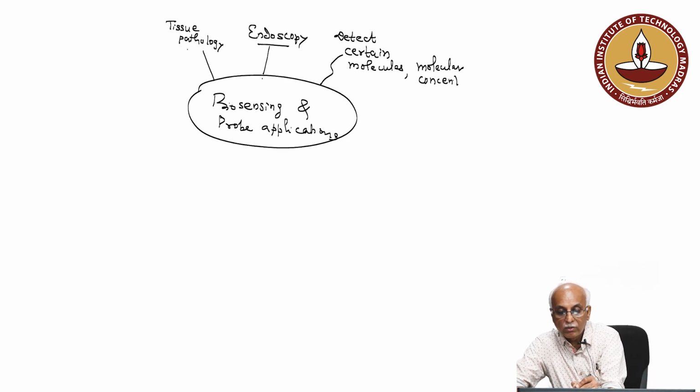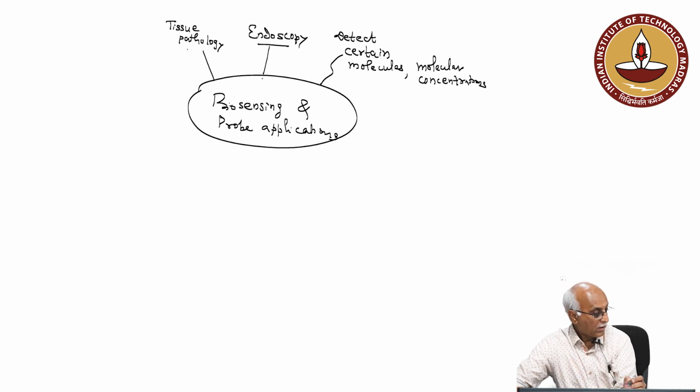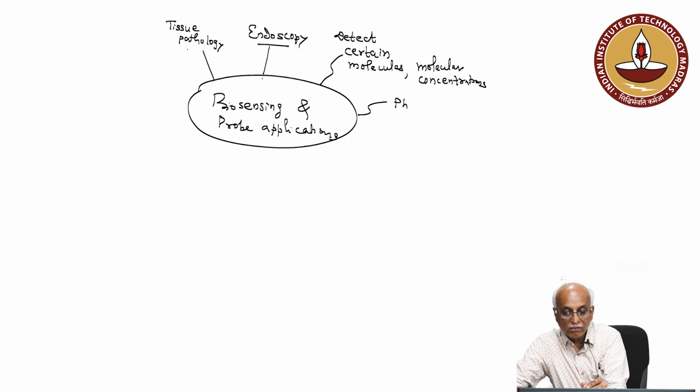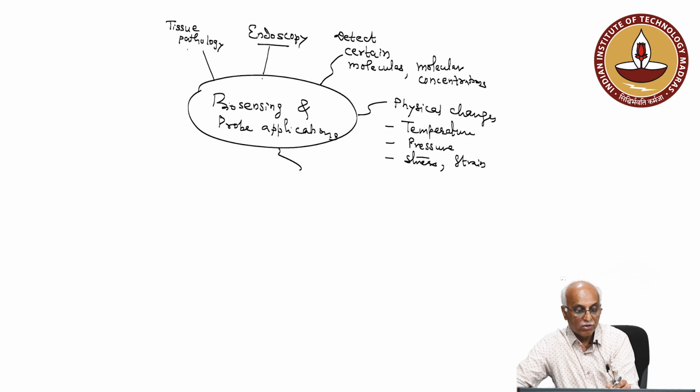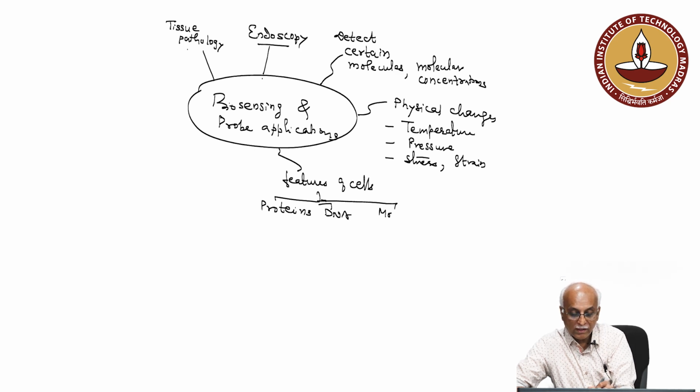We can measure molecular concentrations, then measure physical changes, for example, body temperature, temperature, pressure, stress, strain, etc. Then measure features of the cell, features of cells in terms of, let's say, proteins, DNA characterization, or other macromolecule characterization.